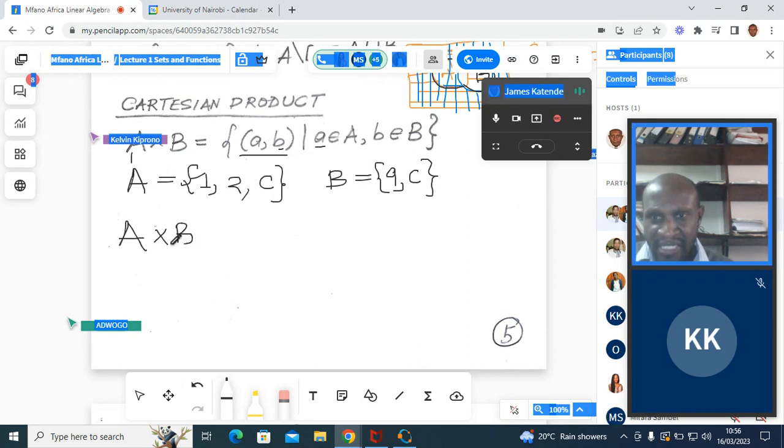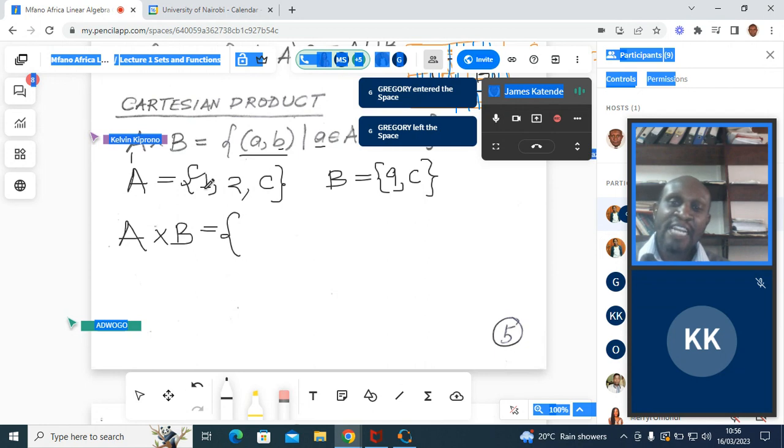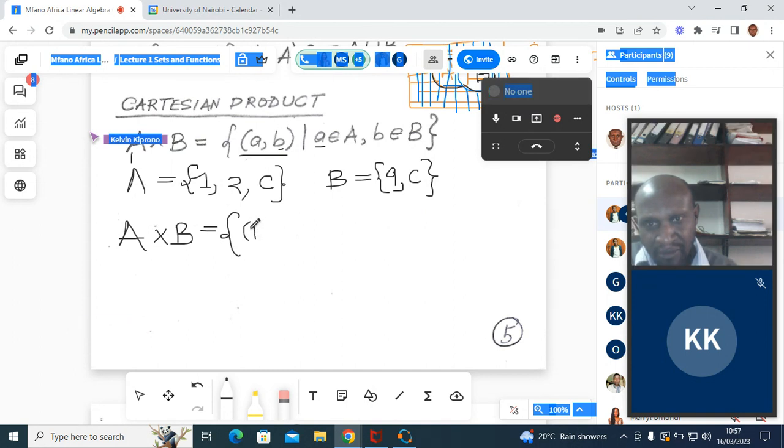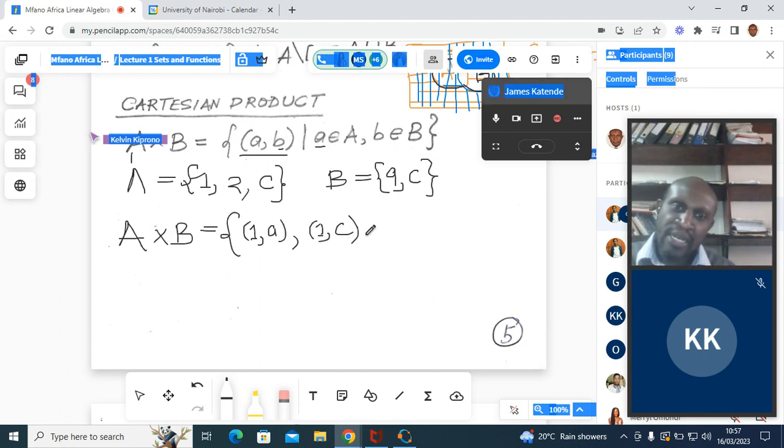The elements in this set will simply be ordered pairs, where we pick the first element from A and the second element from B. We could start with all the elements that have 1 from A. That will be (1, 9) and (1, C).